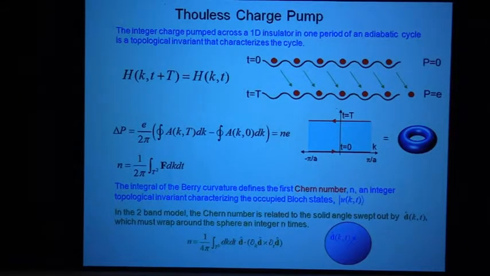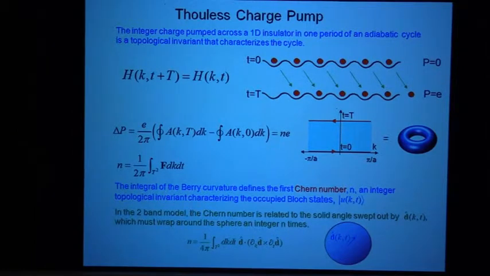Okay, and again, it's very instructive to think about this in the context of this simple model, this two-level Hamiltonian, where, again, I can think of the Hamiltonian as being described by a vector D dotted into a Pauli matrix. And so now this vector D is going to be a function of both k and t.